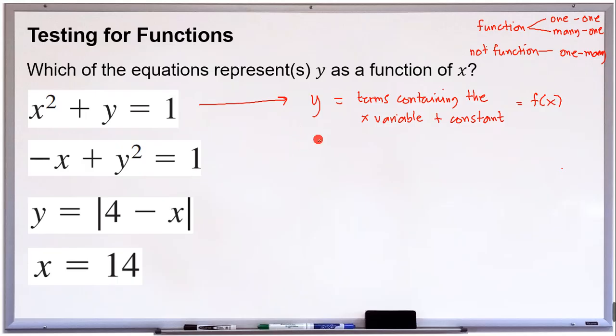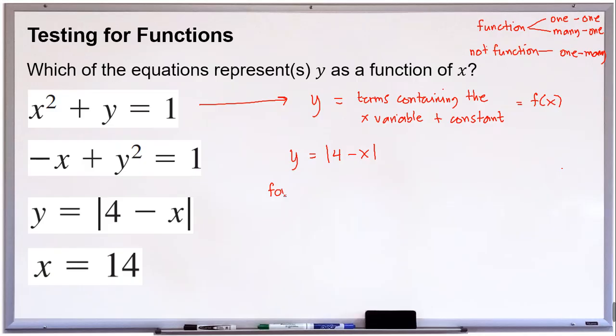For our third equation, we have y is equal to the absolute value of 4 minus x. Luckily, our third equation is already of the form y is equal to some function of x. So therefore, we will go directly to the last step, in which we're going to assign some values of x.